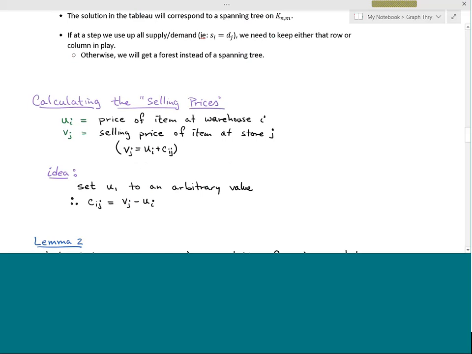I don't care if you remember this term. I don't even care if you remember what they correspond to. These are a way to manipulate how much goods you're shipping along each edge, to get the cheapest thing possible, to adjust that value accordingly.